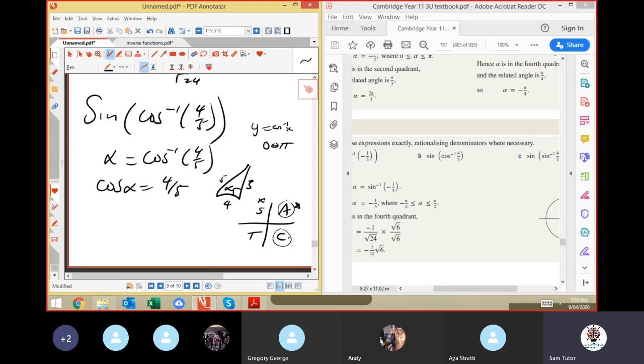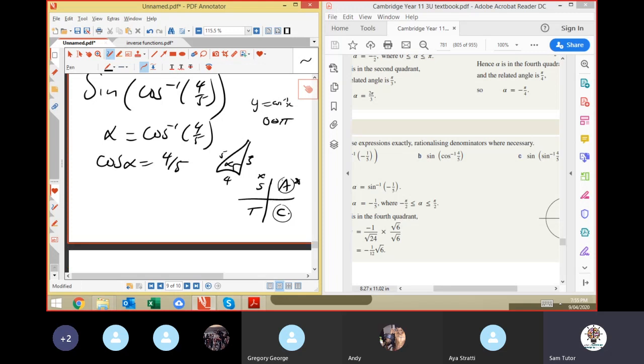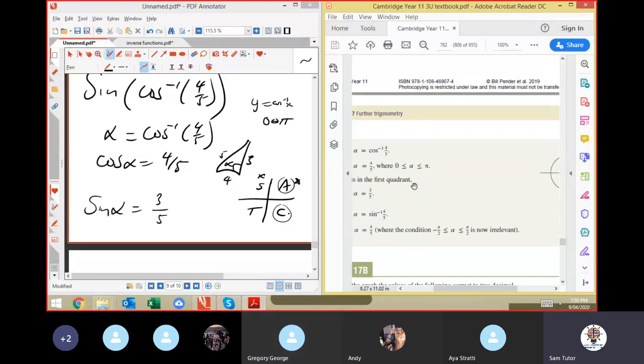So cos is positive here and here, and if your domain is between here and here, that means sine of an angle that's in here, sine of alpha should be 3 on 5. It should be positive because it's within its own domain.